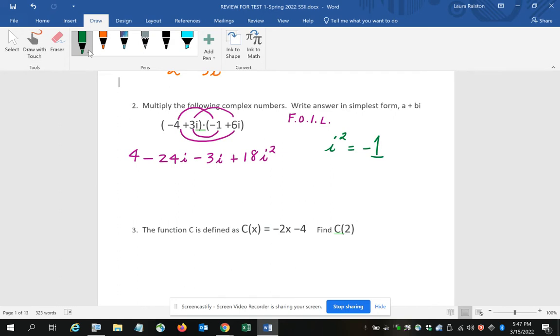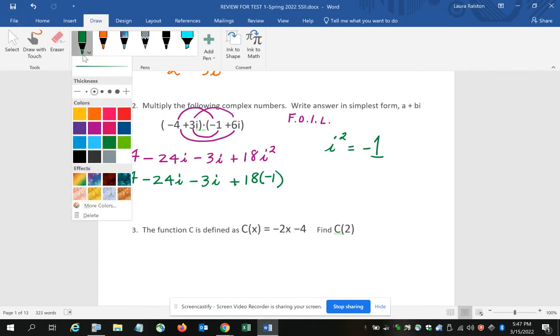So I'm going to replace i squared with negative 1 so that I have 4 minus 24i minus 3i plus 18 times the negative 1. And then I'm going to work through that problem doing the math.